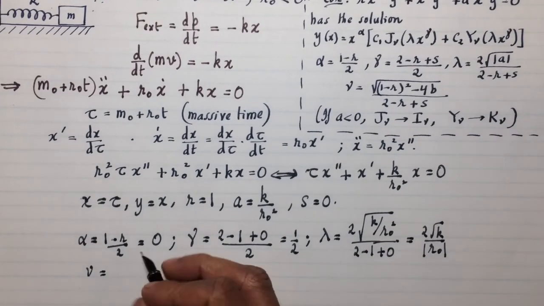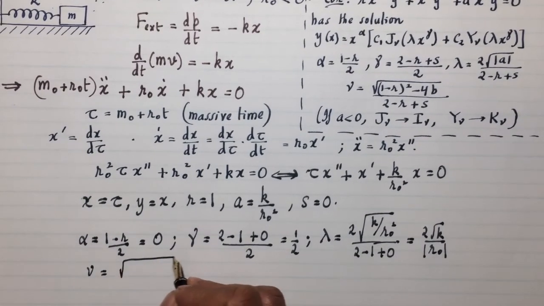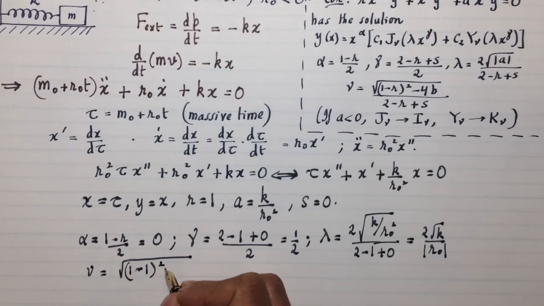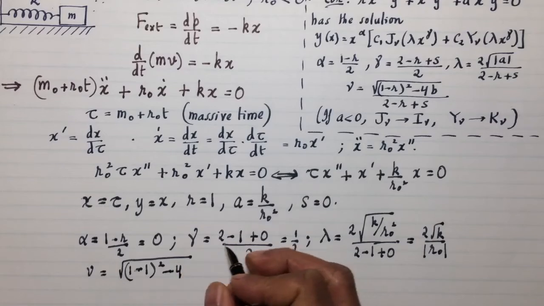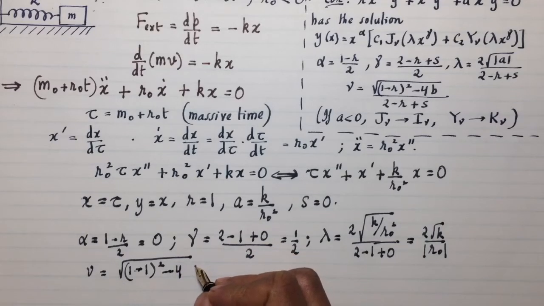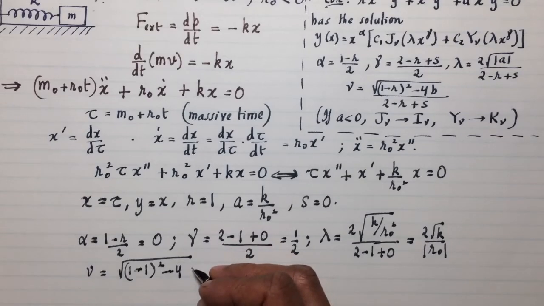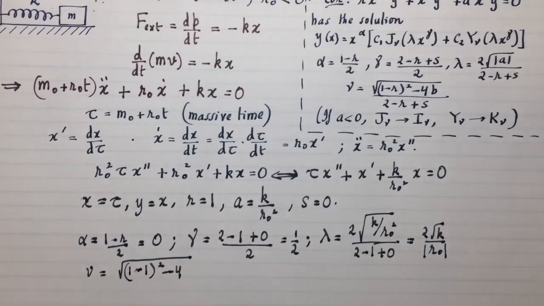Lastly, the order of the Bessel function nu is the square root of 1 minus r squared, which is 1 minus 1 squared, minus 4 times b. Now this constant that I've called b, I'm wondering what that is. I think it's 0.